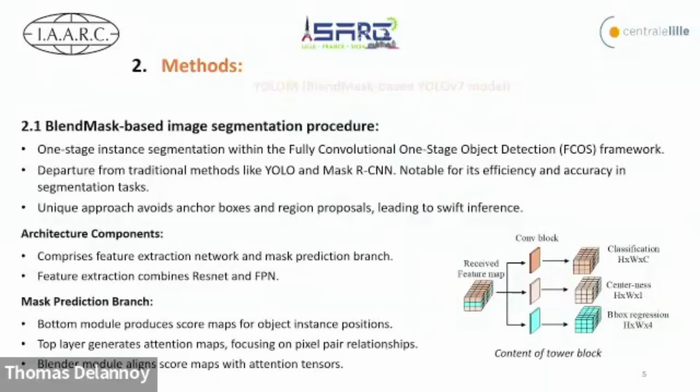It is one-stage instance segmentation with a fully convolutional one-stage object detection framework, a departure from traditional methods like YOLO and Mask R-CNN, notable for its efficiency and accuracy in segmentation tasks. The unique approach avoids anchor boxes and region proposals, leading to swift inference. The architecture comprises a feature extraction network and a mask prediction branch. Feature extraction combines ResNet and FPN.